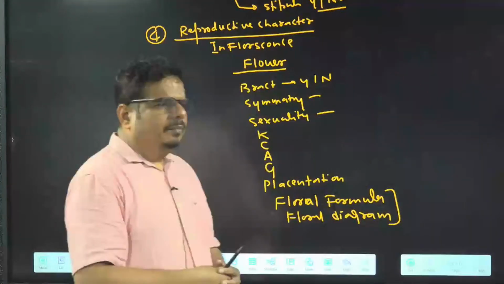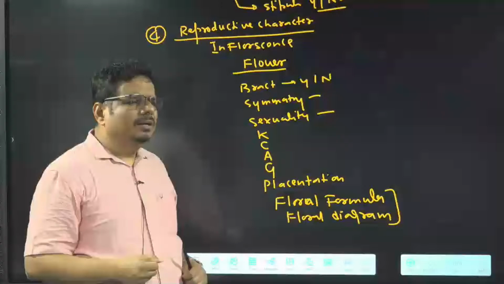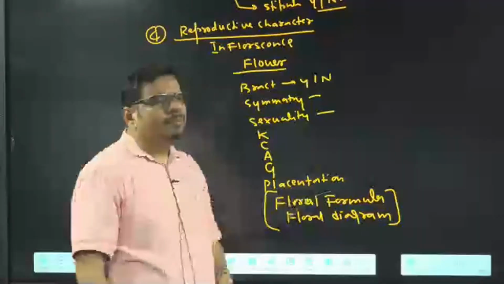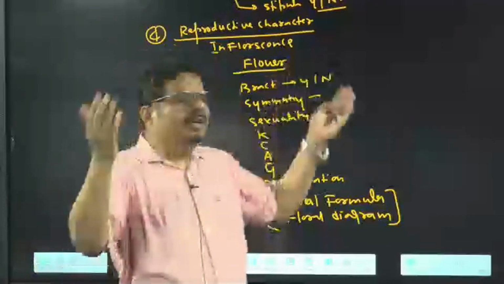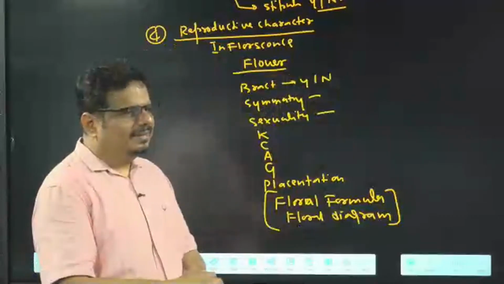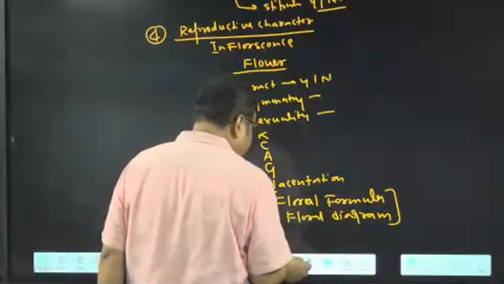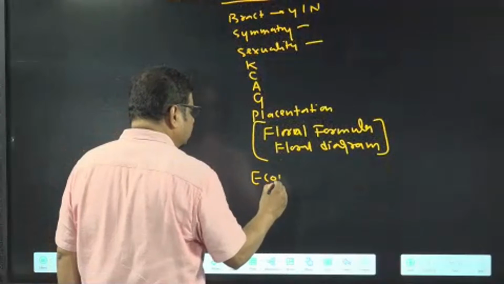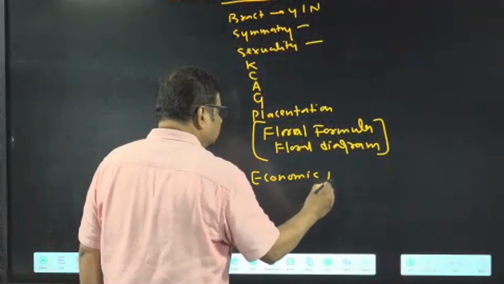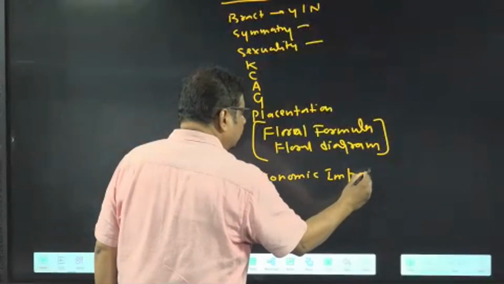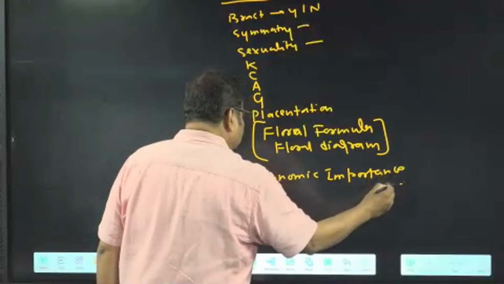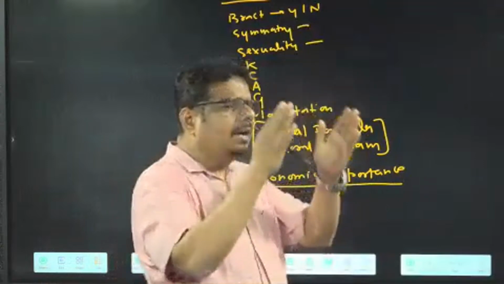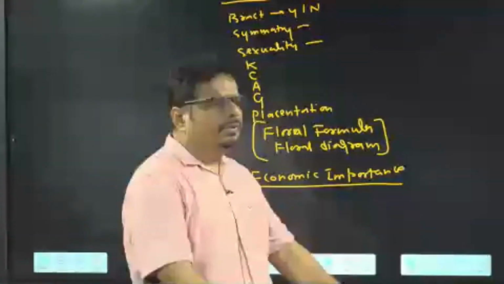There are many, so it becomes difficult. The floral formula and floral diagram of a family, you can easily decode the floral character. Getting the idea? And then finally, we have to write about the economic importance. So these are the things we have to say whenever we are describing an angiospermic plant or family. Are you getting the idea?